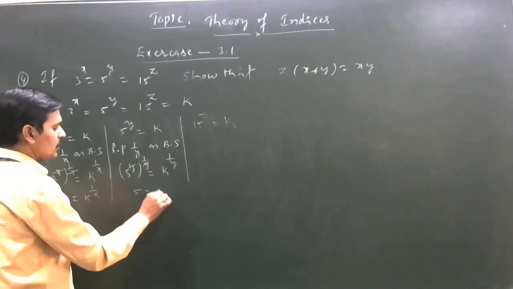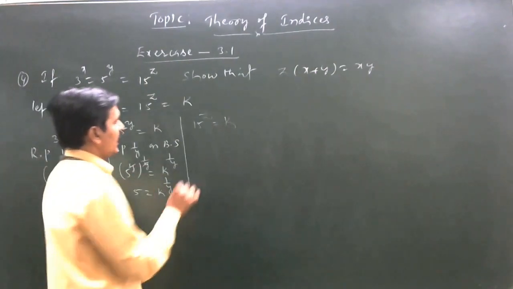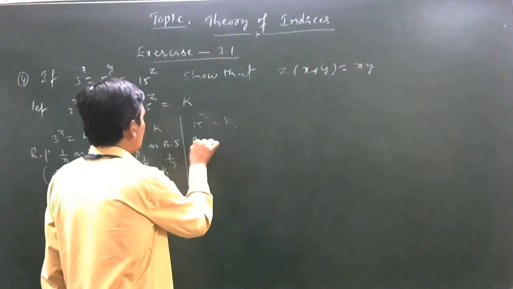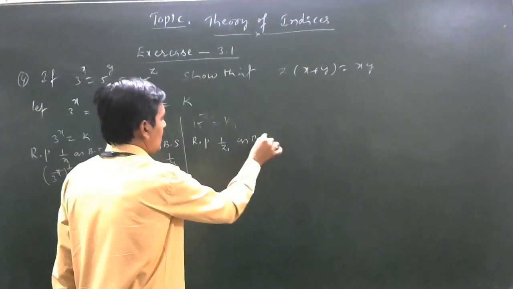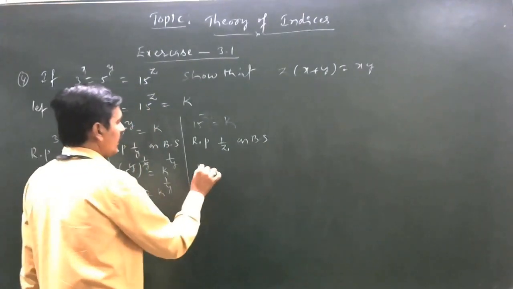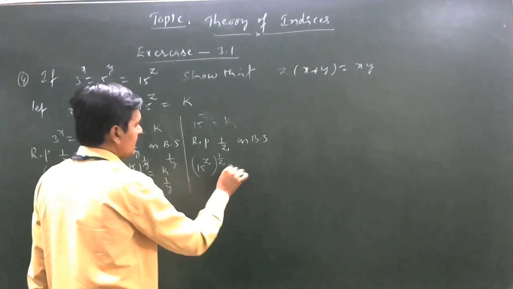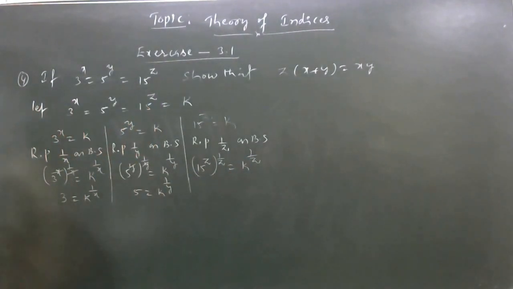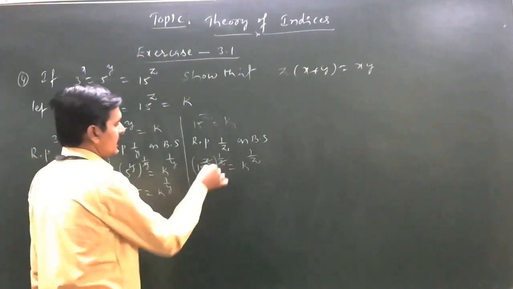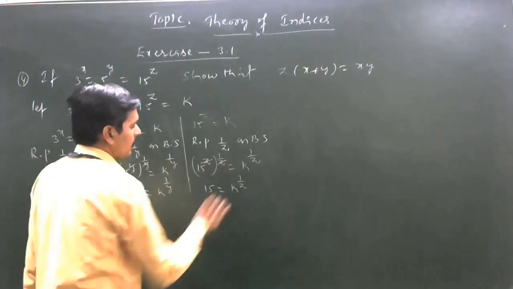Here 5 equals k^(1/y). Next, raise to the power 1 by z on both sides. Here (15^z) whole power 1 by z equals k^(1/z). Here z gets cancelled, 15 equals k^(1/z).